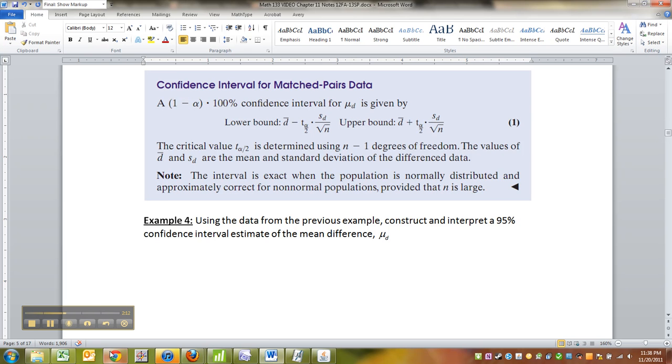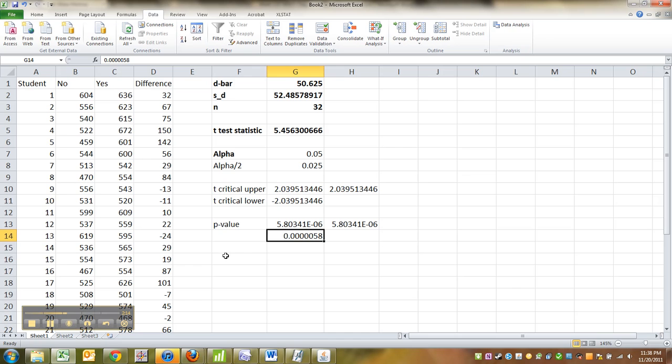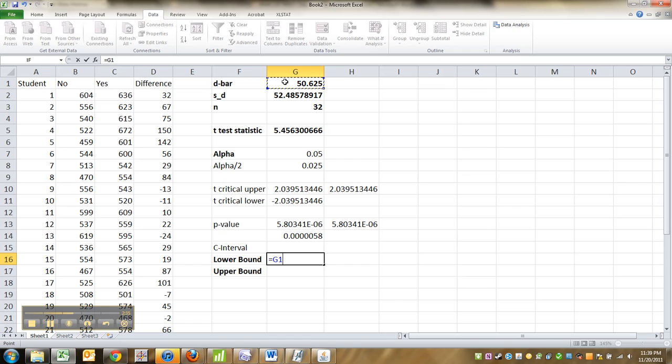And we could do it a couple ways. Let me do it here in Excel. Let's see, lower bound. Yeah, I'll put it C interval. That way it's labeled. The confidence interval, lower bound, upper bound. Okay, according to that formula, you just take your d bar minus z. Oh, well, that's the problem.